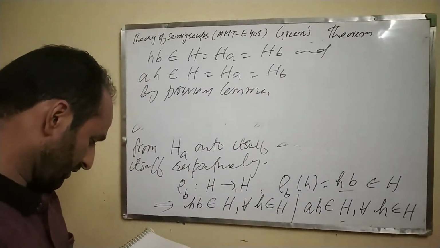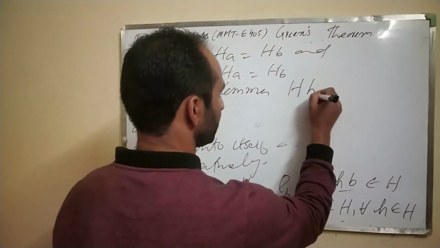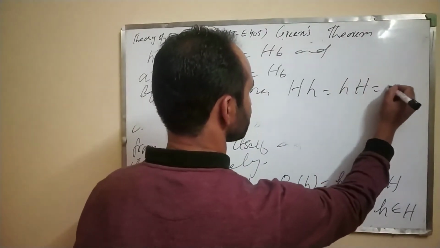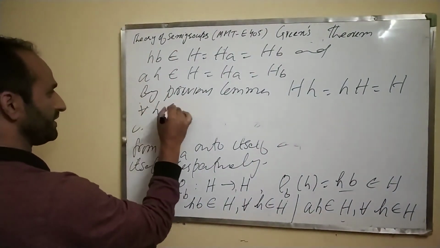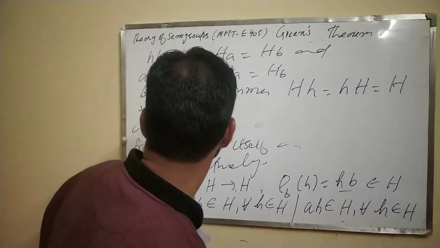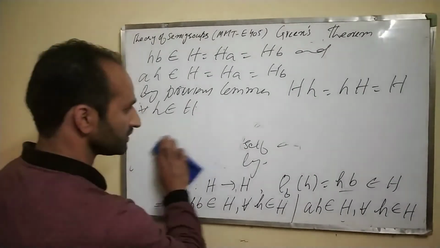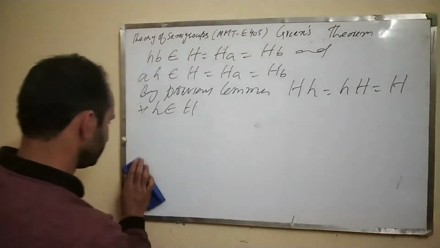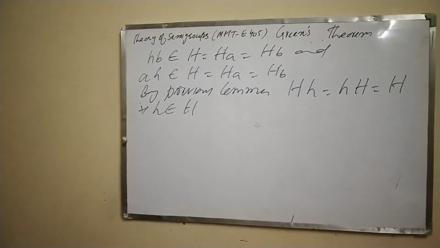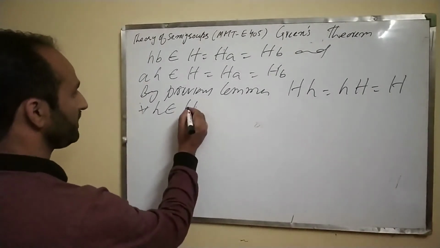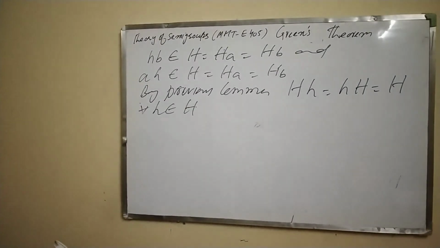You can see this, H is equal to H for all H in H. It follows from the previous lemma. Okay, H belongs to H for all H belongs to H.